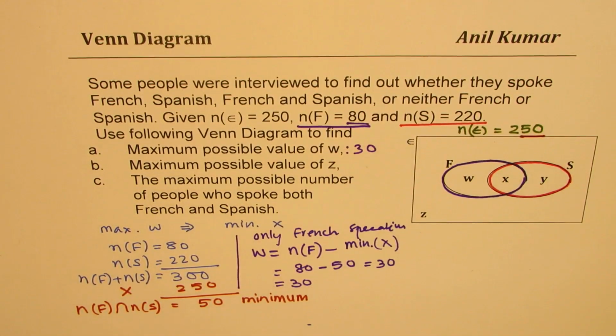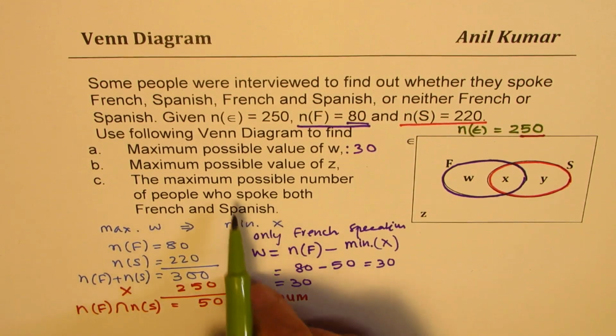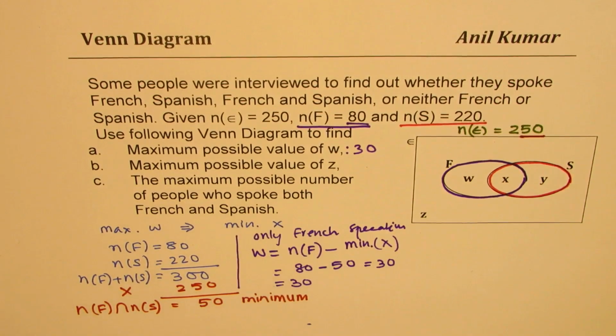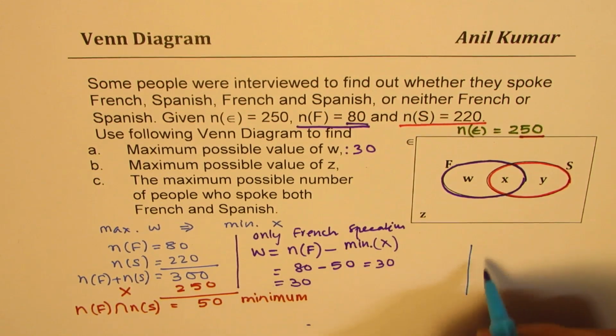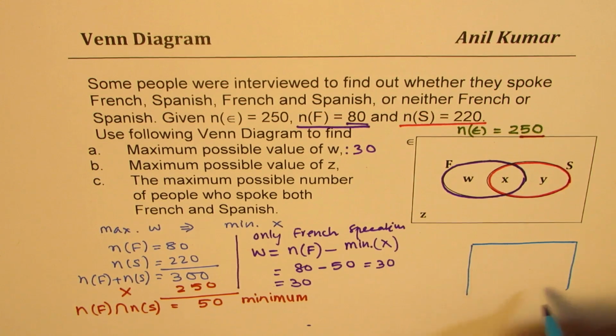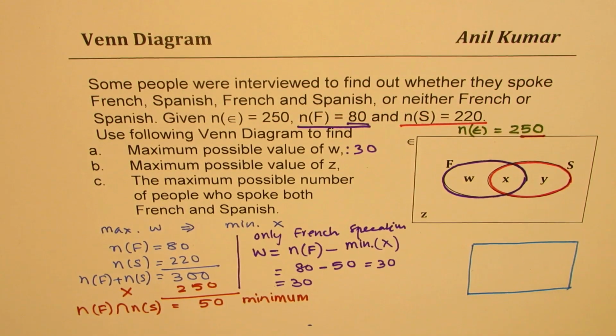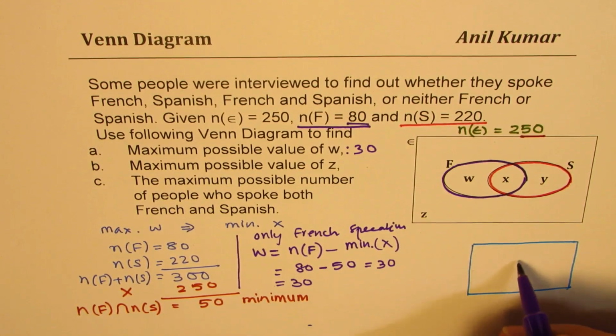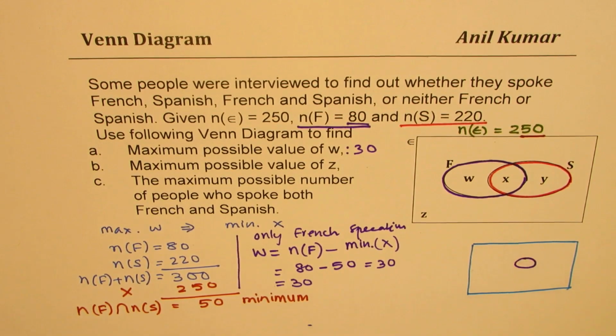Now let's look into the second part, which is the maximum possible value of Z. How do we get it? The only way is a situation where all those who speak French are also speaking Spanish.